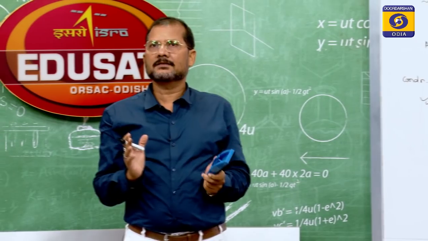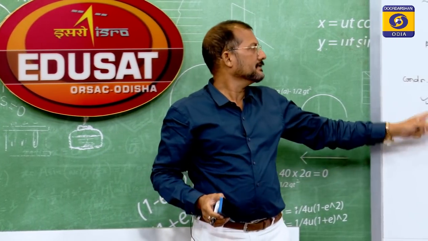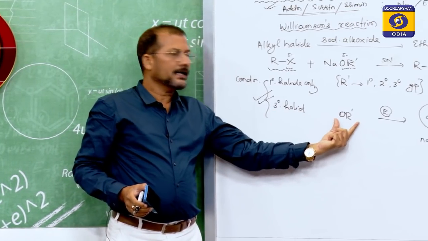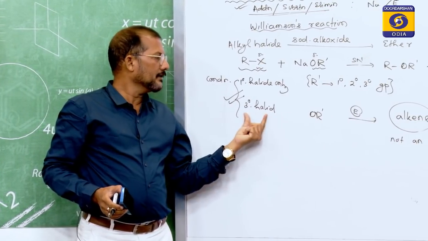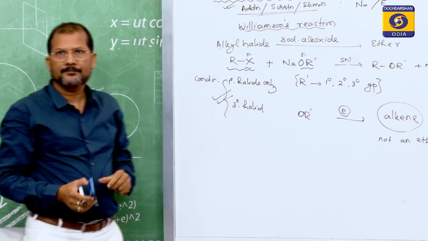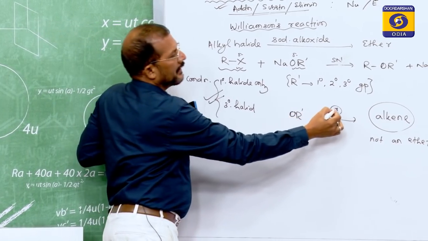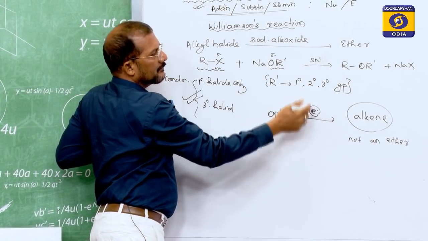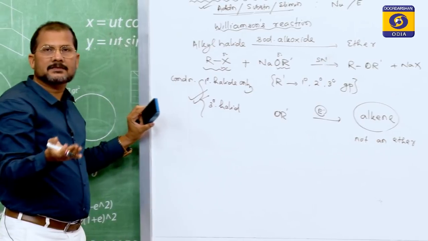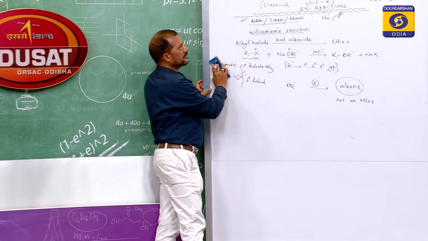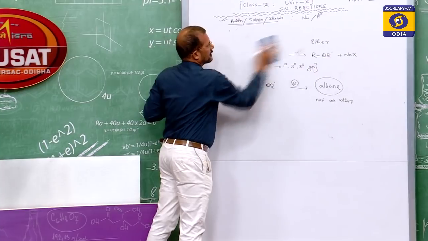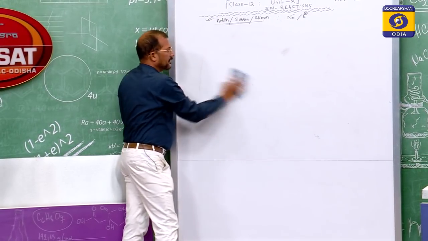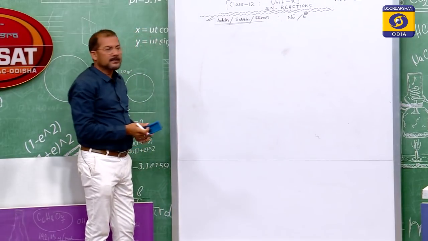Whenever a tertiary halide gets an alkaline or basic medium, it rapidly undergoes elimination. Elimination competes with and overlaps the SN reaction. So, this is the second nucleophilic substitution reaction. In detail, we will read Williamson's reaction in the ether topic.